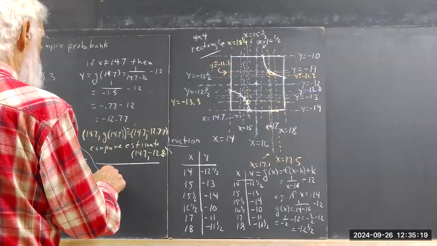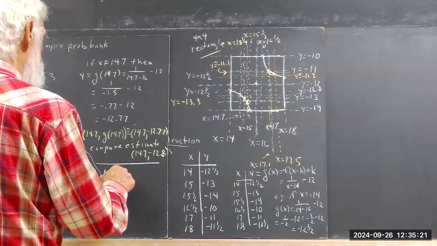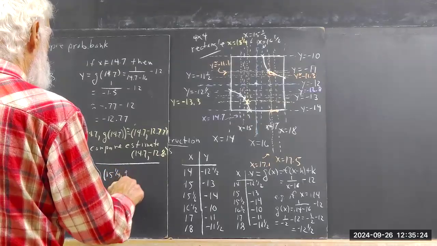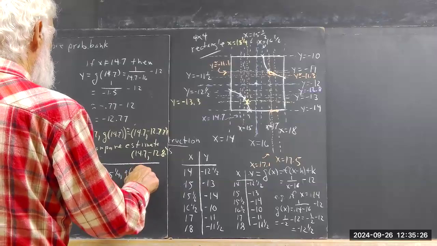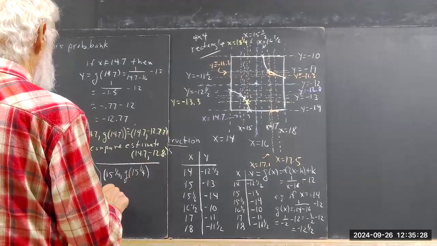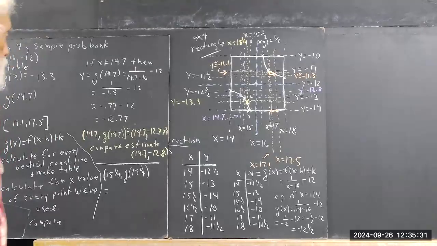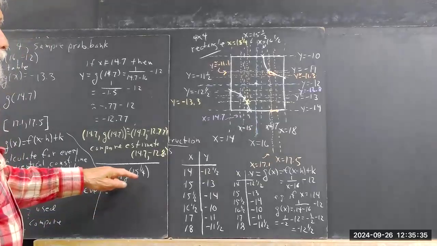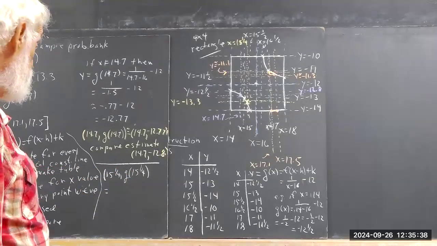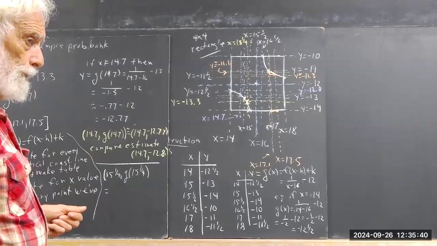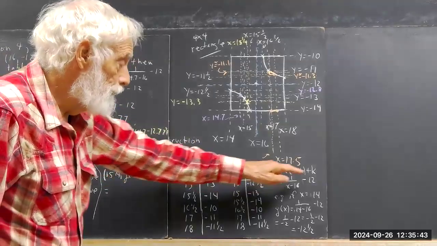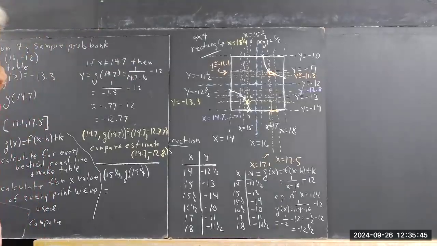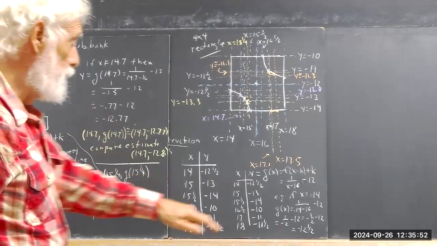So 15 1/4, G of 15 1/4 equals what? Well, your denominator is going to be x minus 16. 15 1/4 minus 16 is -3/4. So it's going to be 1 over -3/4, which is -4/3, for the fraction.